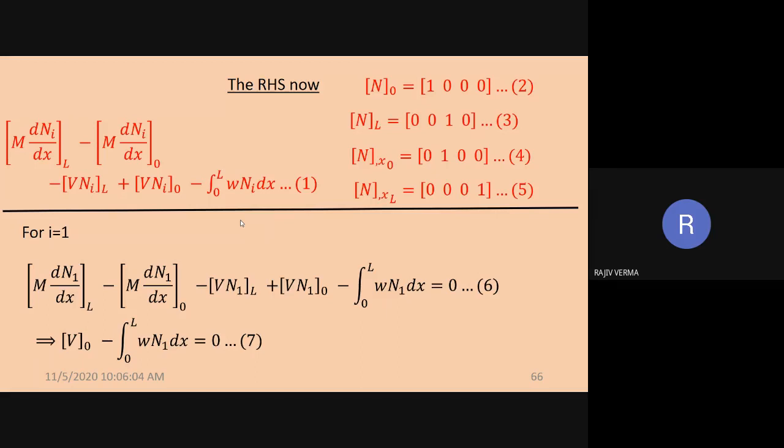So in equation number 6, we simply now get the fourth term and the fifth term, and the first, second, and third terms simply are 0. So this is how you reduce equation number 6 to the corresponding equation number 7.